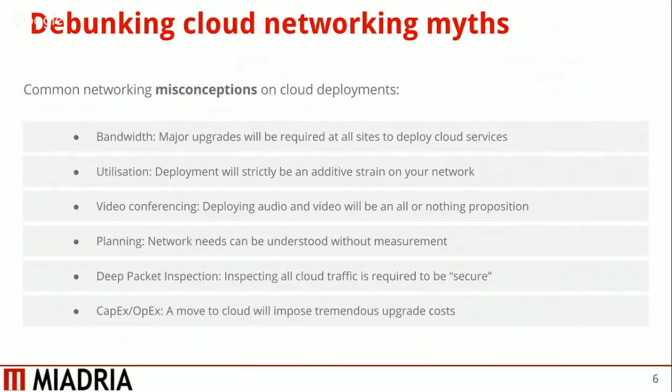When you stop using file shares and thick mail clients and applications that shuffle whole files, and start using cloud services, in many cases you are going to see that you need less bandwidth and that the utilization of your network will decrease.